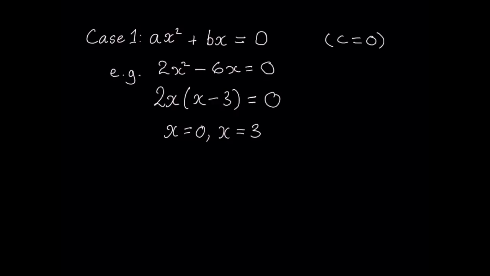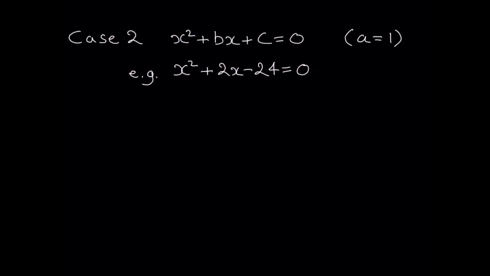Let's move on to case 2. In the second case, we'll consider the coefficient of x squared, a, is equal to 1. So we have an equation of the form x squared plus bx plus c is equal to 0. As an example, we'll solve x squared plus 2x minus 24 is equal to 0. There's a neat trick that we can apply in the case where a is equal to 1 in order to find the numbers that go inside our brackets.